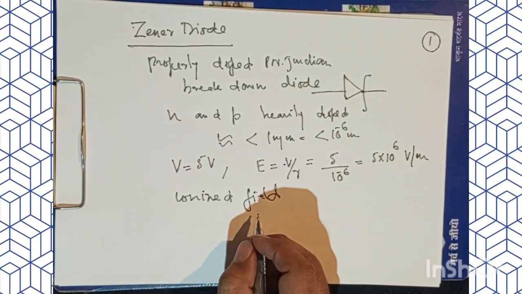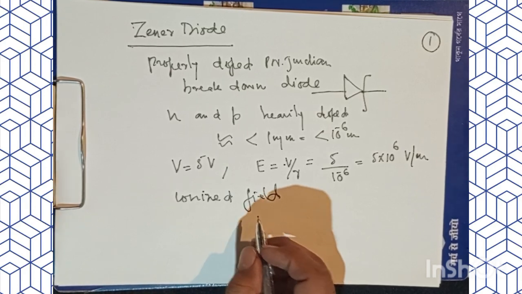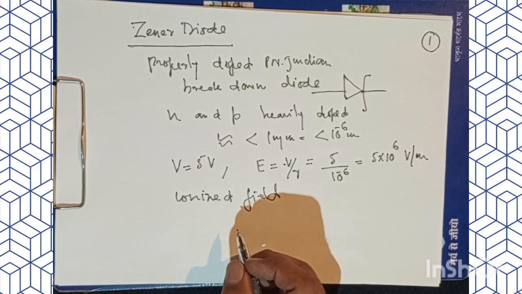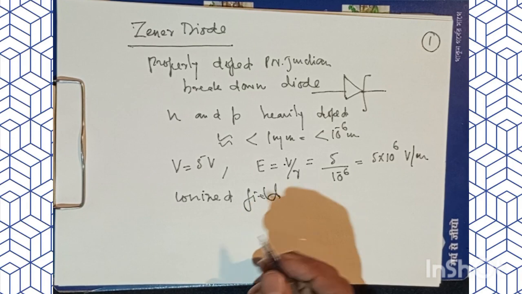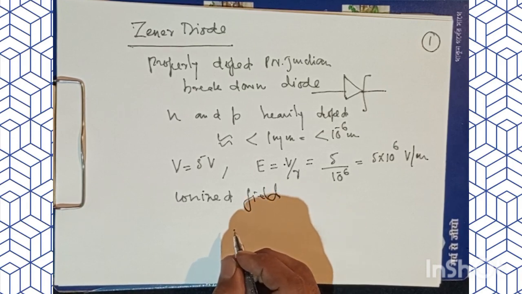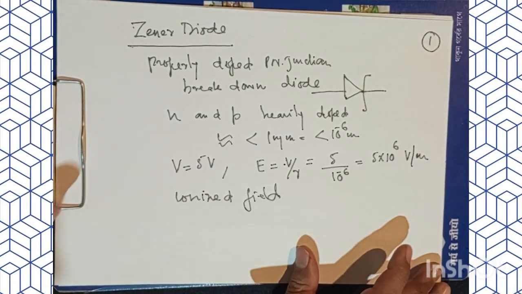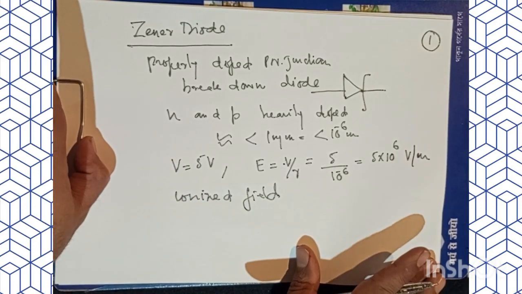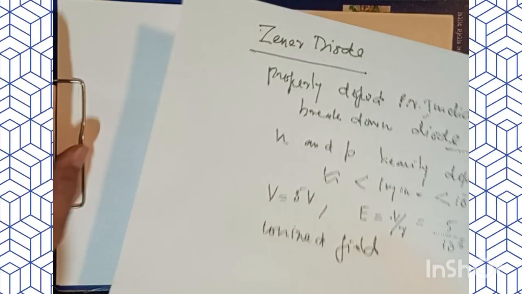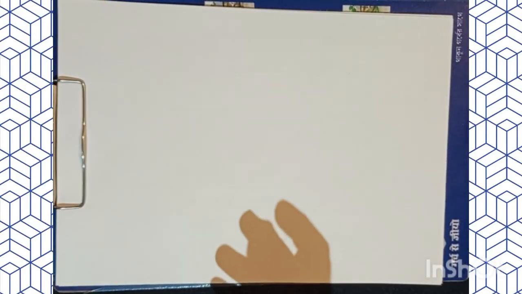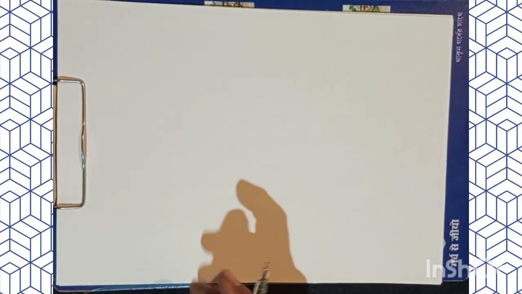Now, let's go with the volt-ampere characteristics of this zener diode, and for that we need a circuit diagram and a discussion on its VI characteristics.